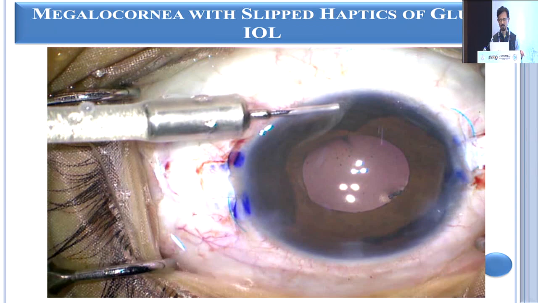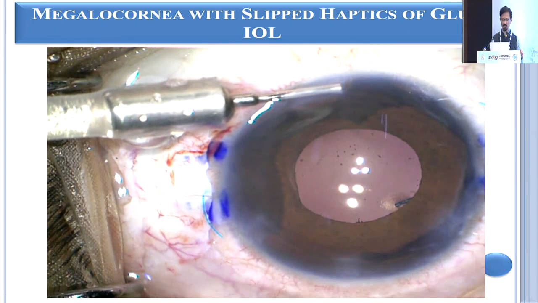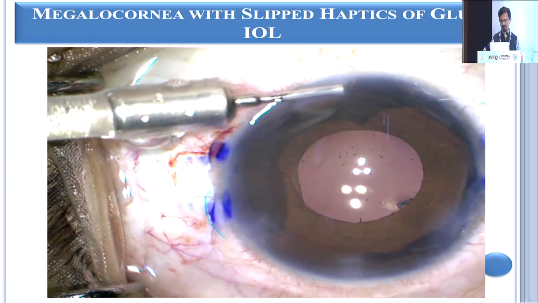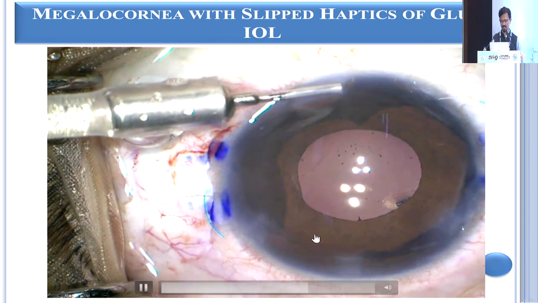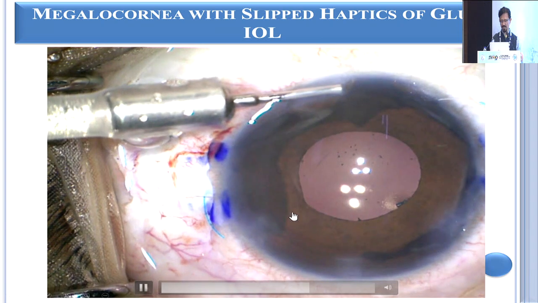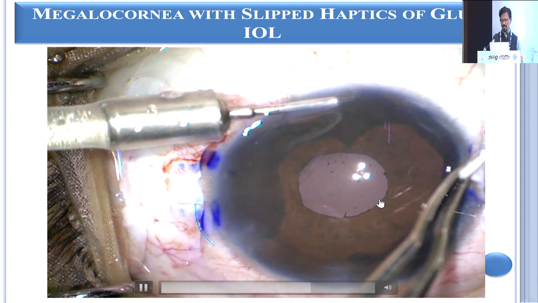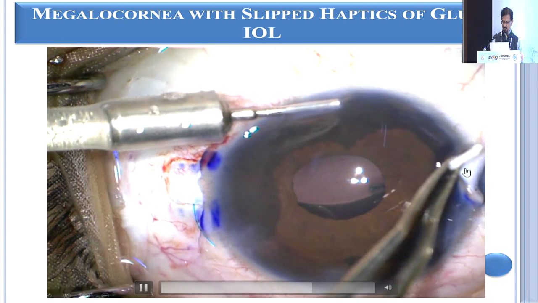So it has to traverse a shorter distance, and that's why we have a greater segment, greater length of haptic that can be tucked, so that we can have absolutely negligible chance of slippage. You can see how much of the haptic is out, and the iris supports as well.